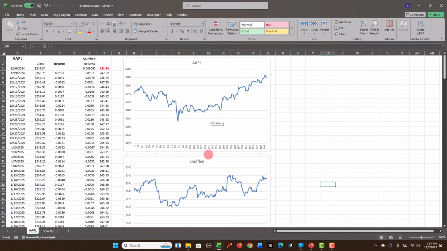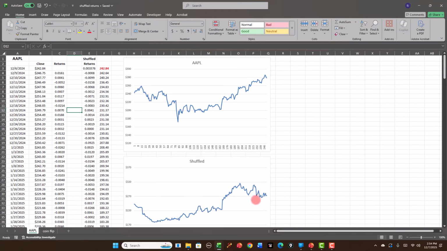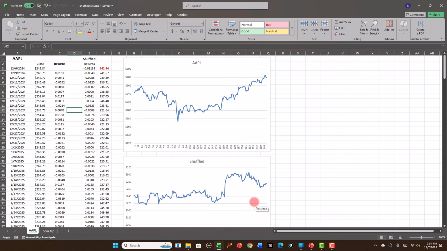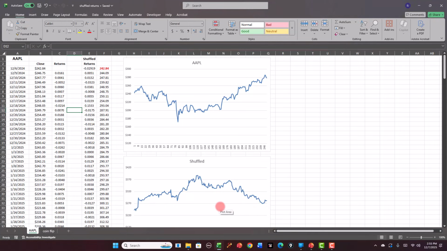See, what's common to both of them, and which is why they have the same, let's call it the same look and feel, is that we're drawing the same returns just in a shuffled order. If I hit F9 on here, we can get a new shuffled order. Same data, there we go. Let's do it again. See, you're going to get all of the patterns that you see in a regular stock chart, even though we're just mixing up the returns.